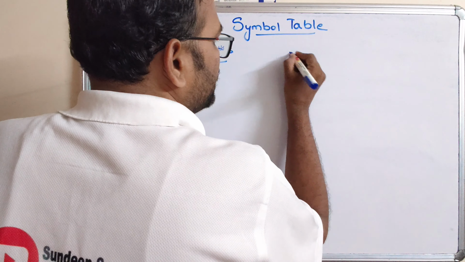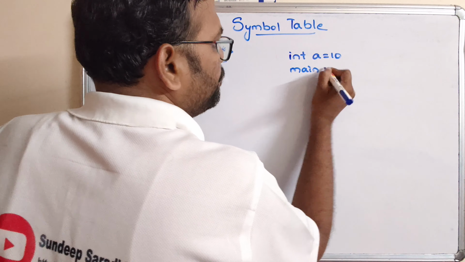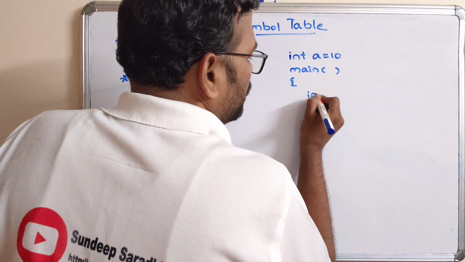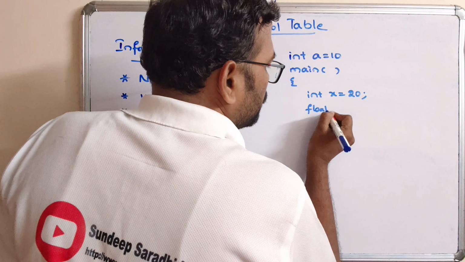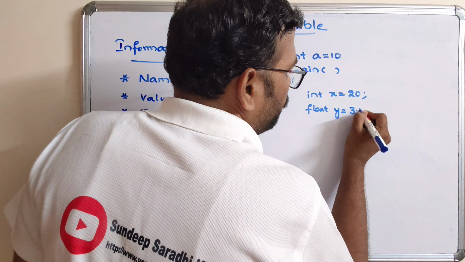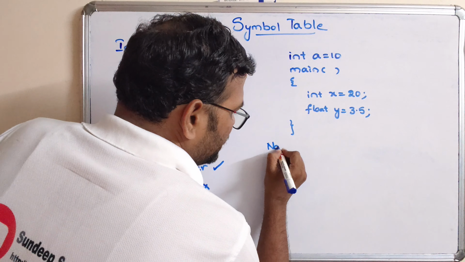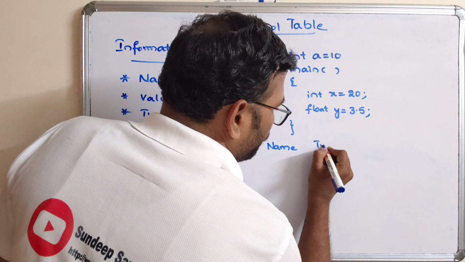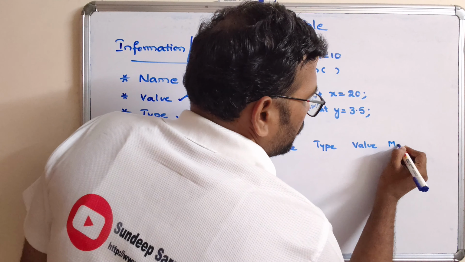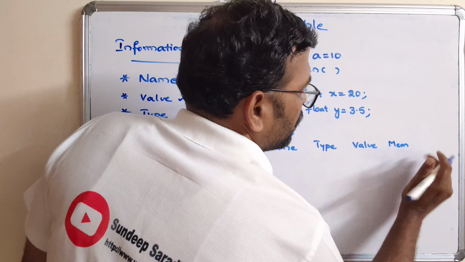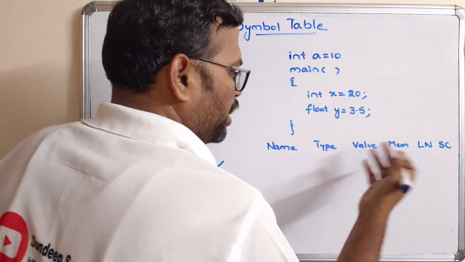So for example, let us take int a = 10, main function, int x = 20, float y = 3.5. Let us consider this code. The symbol table will have name, type, value, memory, line number, storage class, or you can also consider scope.